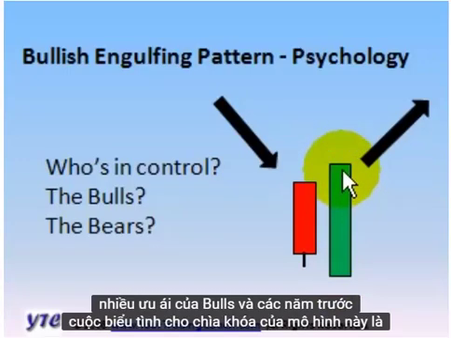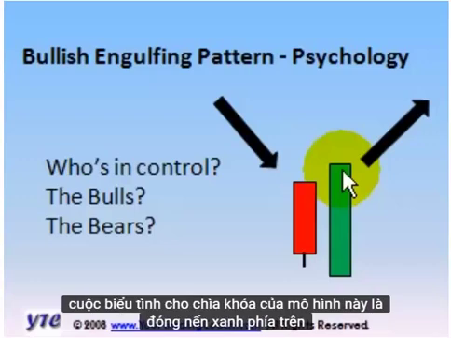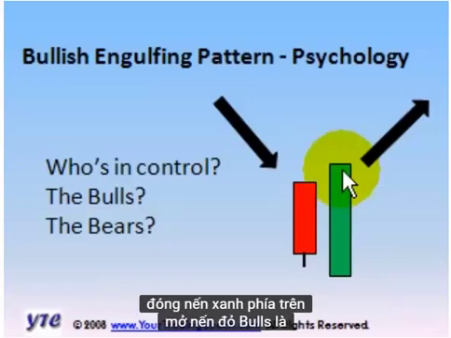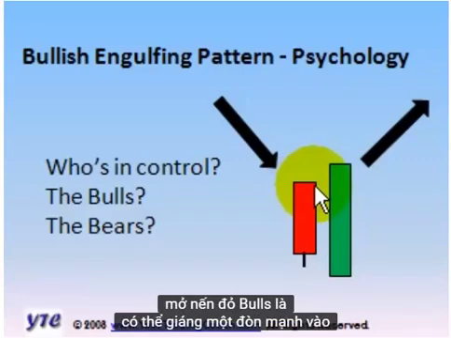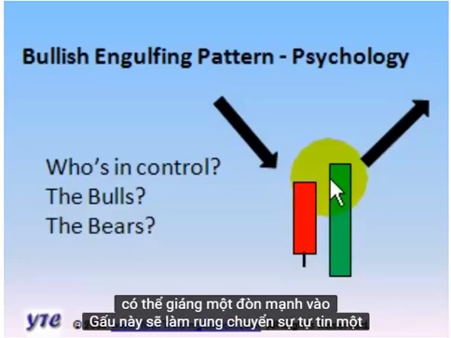The key to this pattern is the closing of the green candle above the open of the red candle. The bulls are able to strike a massive blow to the bears.